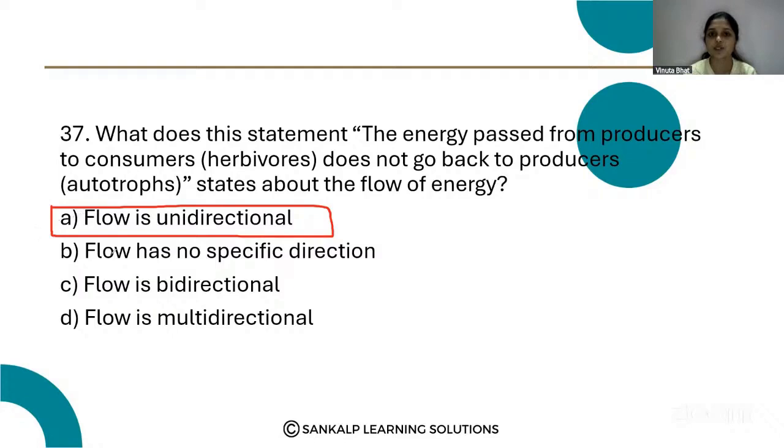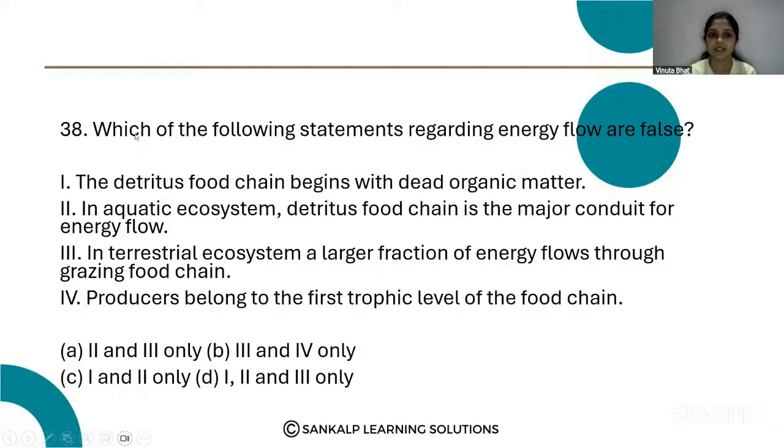Note down this question. Question number 38.